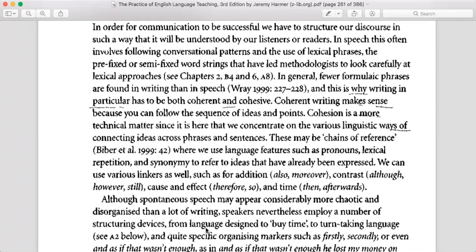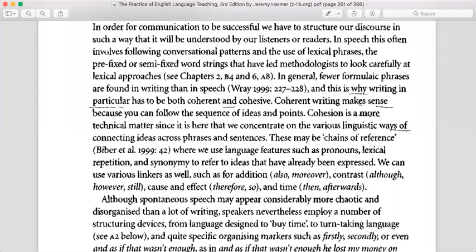They can move from one topic and then come back to the first topic, and that is quite acceptable because speech is spontaneous. But when it comes to writing, coherence becomes very important. When you are teaching your students productive skills, especially writing, you have to pay attention to coherence as well.